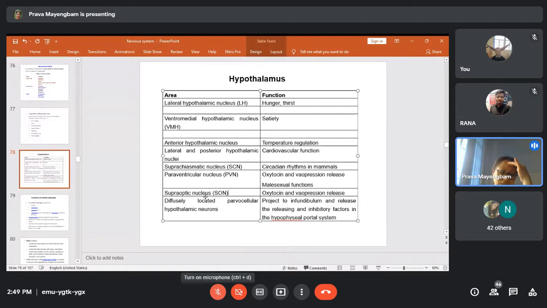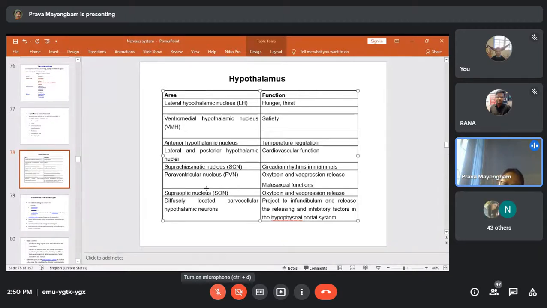And the supraoptic nucleus is also associated with oxytocin and vasopressin release. Here, 2 points are there: the paraventricular nucleus and the supraoptic nucleus have two types of nerve cells. One type will secrete oxytocin, another will secrete vasopressin.